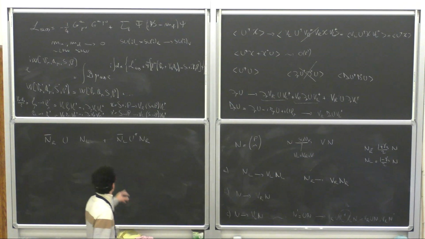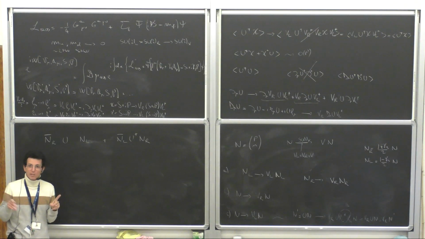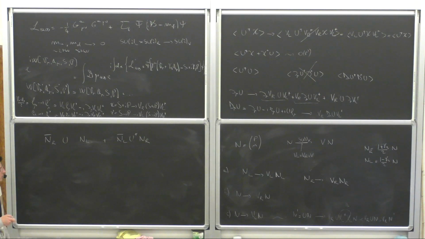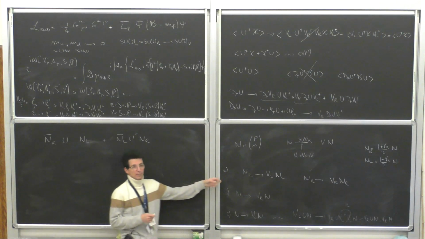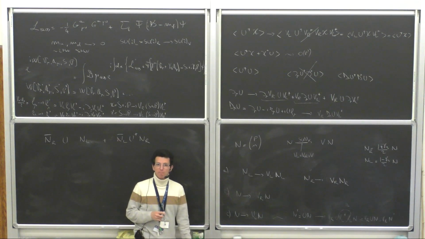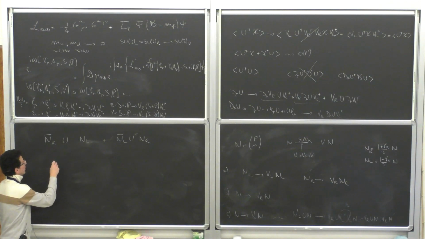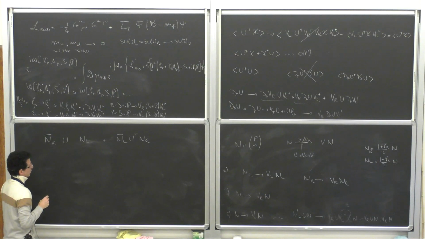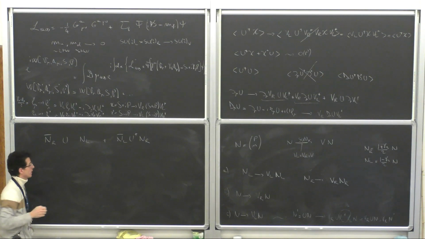Here, pions are interacting with the nucleons non-derivatively, and this will spoil all the counting. So it's not a good option, this option number A. But this can be remedied in the following way.